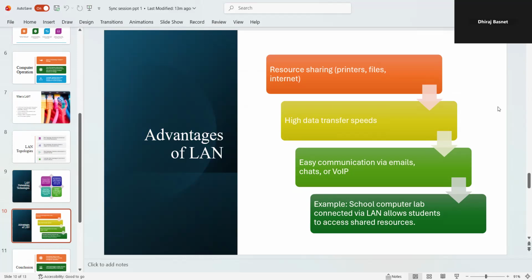Users can use email and instant messaging within the network. It is also cost effective, because when we share resources, it reduces the cost of hardware. For example, a school computer lab can be connected via LAN, enabling students to access shared educational software and printers, promoting better learning and collaboration.